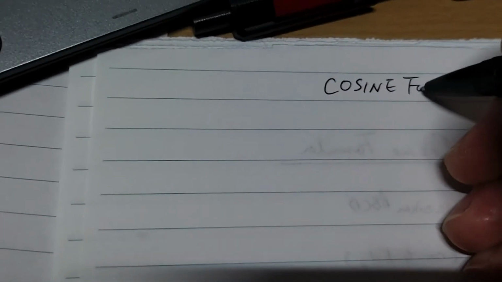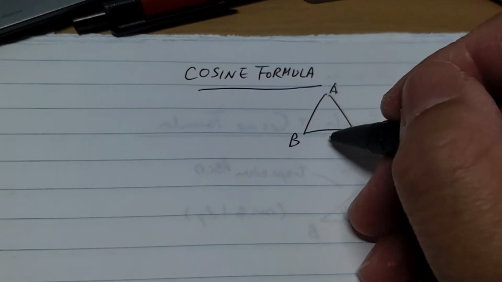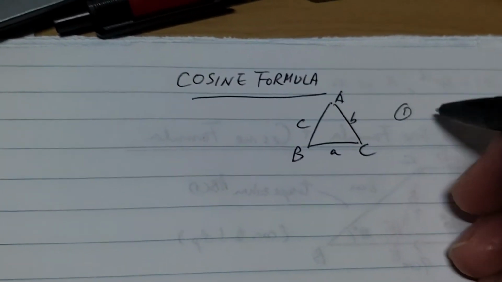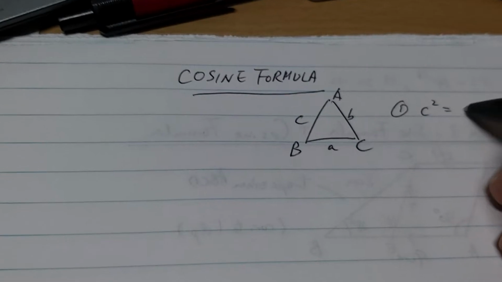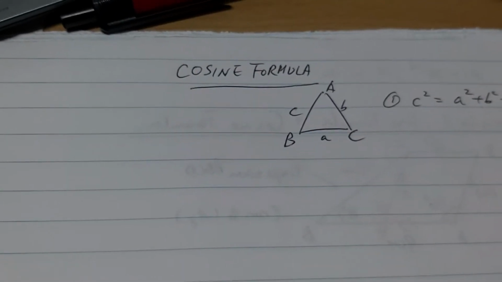Okay, now we'll learn the cosine formula. Again, triangle ABC. The first rule is c squared equals a squared plus b squared minus 2ab cosine c.